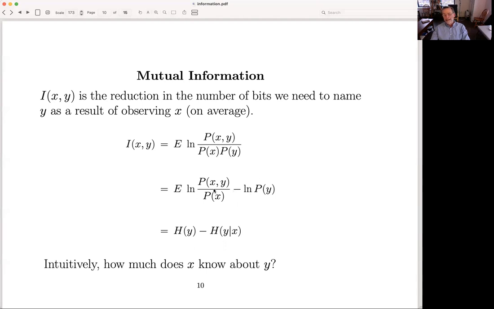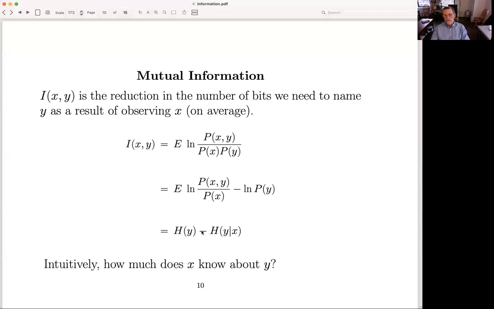And then this is just the entropy of Y. And this term is just the entropy of Y given X. So the mutual information is the reduction in how many bits it takes to name Y when I've learned X. How many bits do I save by learning X? So intuitively, it's how much does X know about Y, but really you need to rely on the formulas.